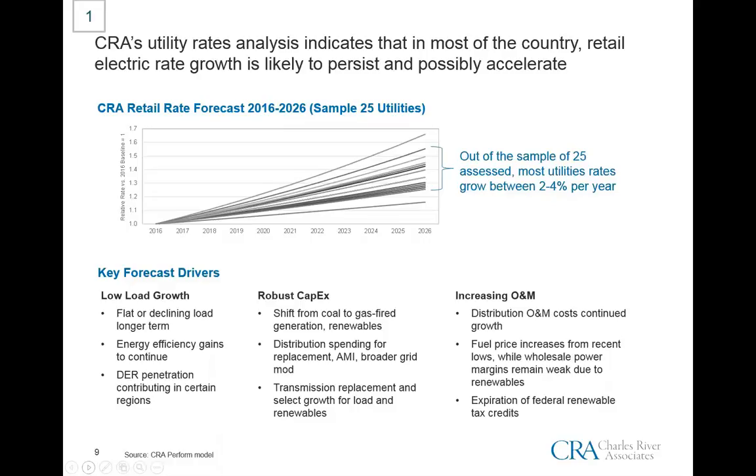But out of the sample of 25 utilities, most of them are growing between 2 to 4% retail rate growth per year. So this isn't a situation where many utilities are holding their rates flat. I think everyone's recognizing the need to grow and the importance of either getting riders or some sort of multi-year framework in place.